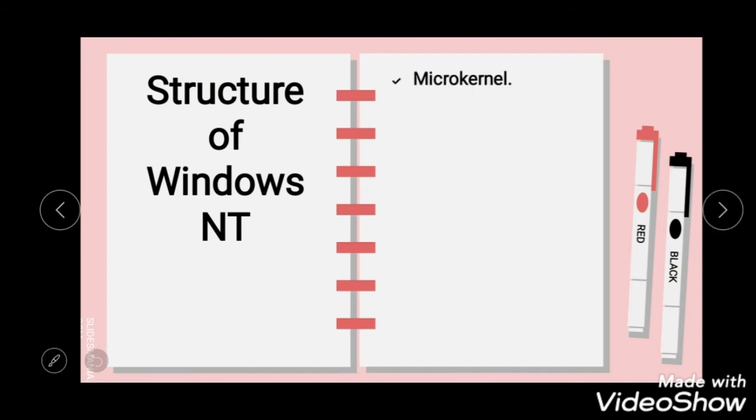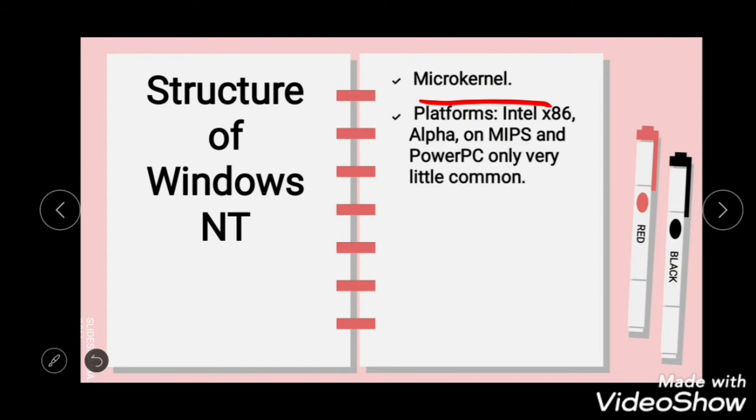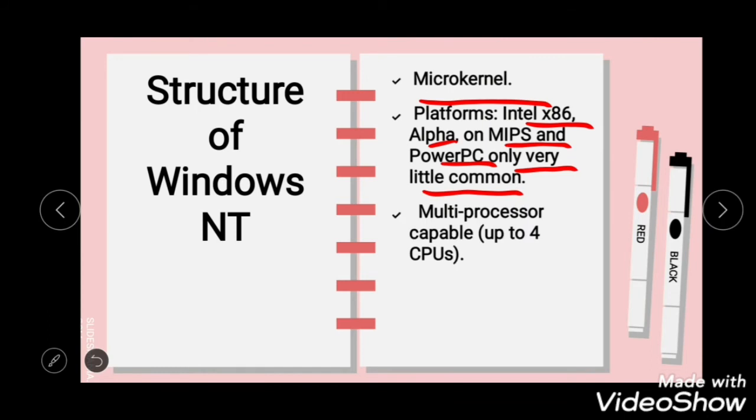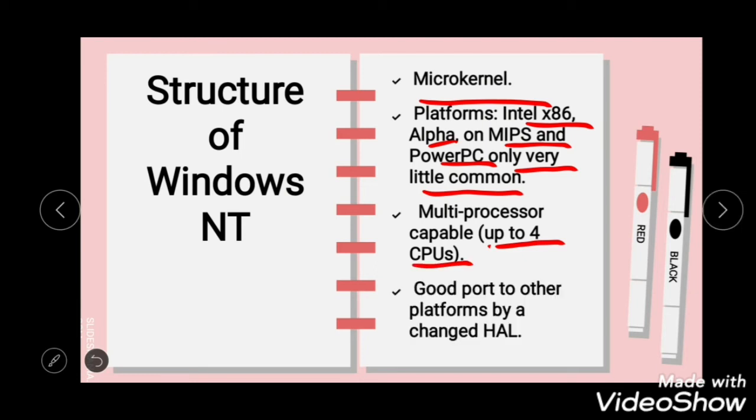First it is the microkernel, then platforms like the Intel x86 family, Alpha or MIPS and PowerPC, only very little common at that time. It is multiprocessor capable up to 4 CPUs, which helps. Then good porting to platforms by a change of HAL.